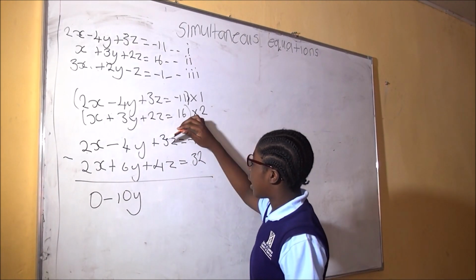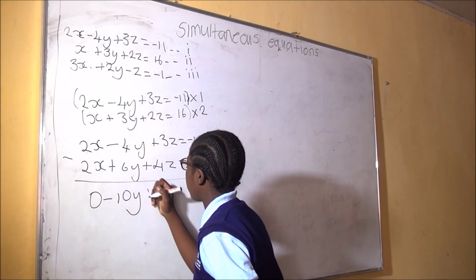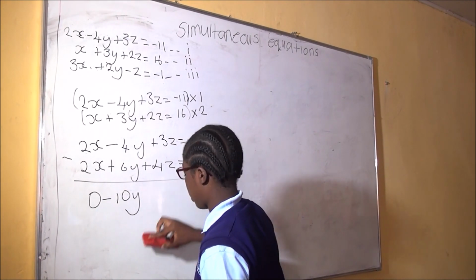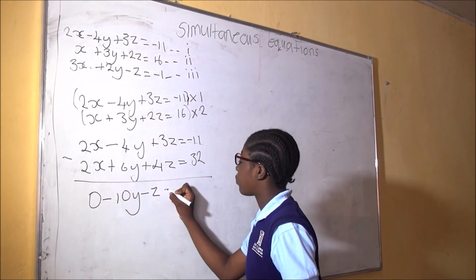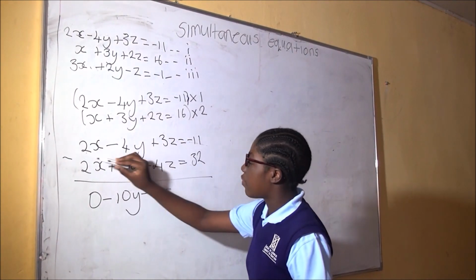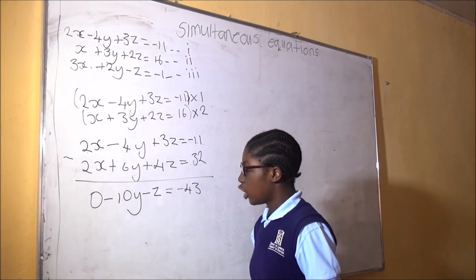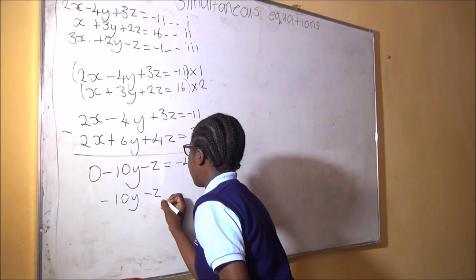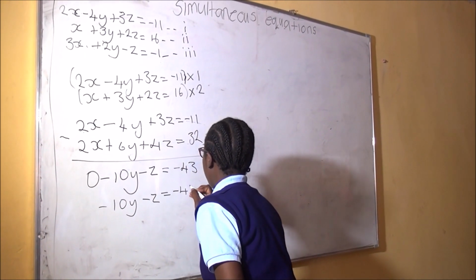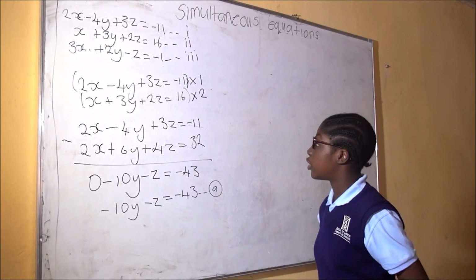And positive 3 minus 4, we're going to have negative 1, which is represented as z. Negative 11 minus 32, we're going to have negative 43. So we found our first equation with two variables, which is negative 10y minus z is equal to negative 43. I'm going to name this one as our A, our first equation with two variables.